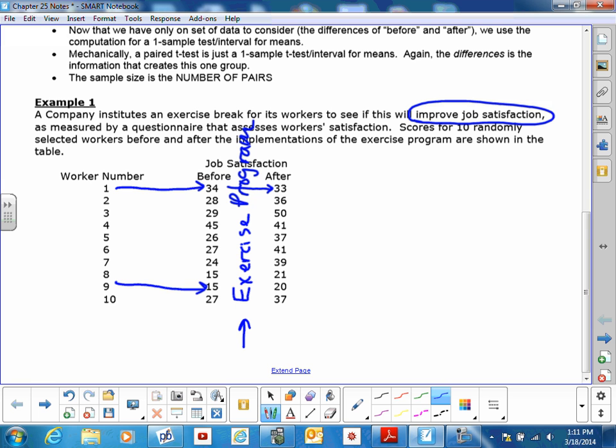That kind of means something because then this person moves all the way up to 20 after the exercise program. So the point is that the fact that this is the same person making this number decision before and after, the fact that those are both worker number 1 is important.